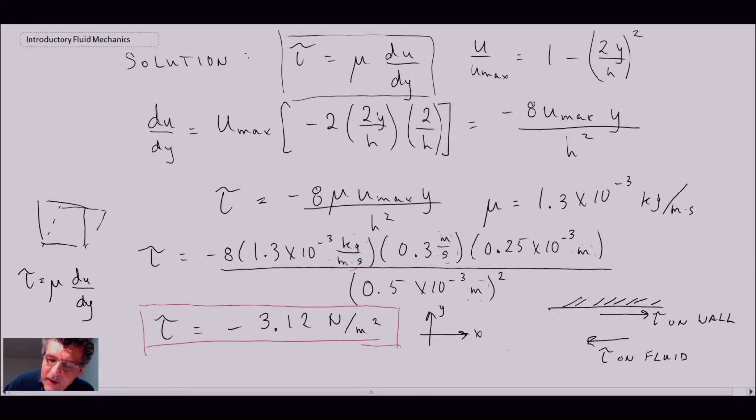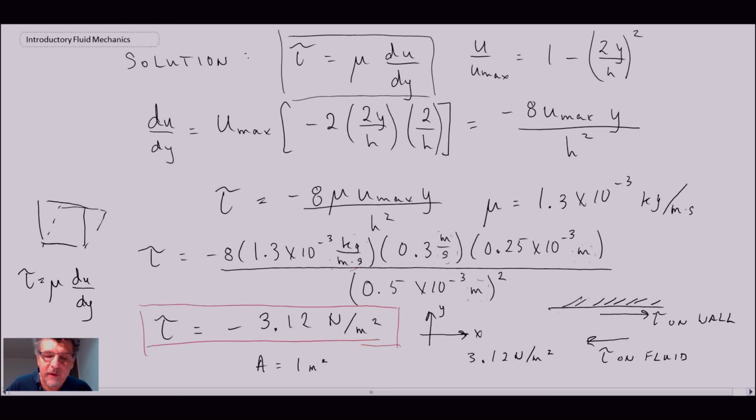And then you would write 3.12 newtons per meter squared. And what you could do is you could assign area as being unit area, or 1 meter squared, and with that you can then determine the stress that is on 1 meter squared of the upper wall. So your answer would be 3.12 newtons on the upper wall in the positive x direction.